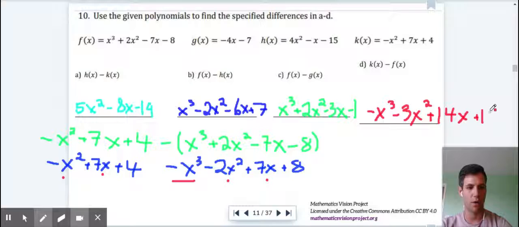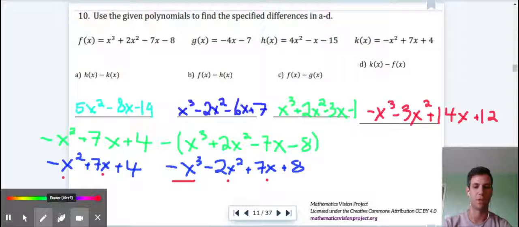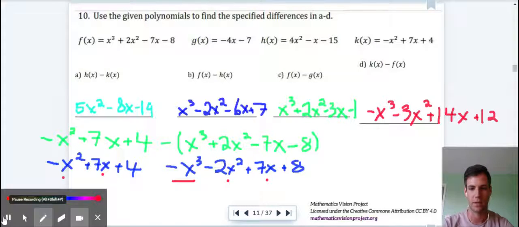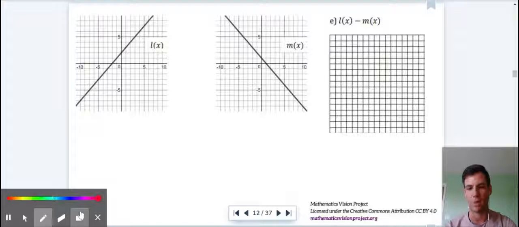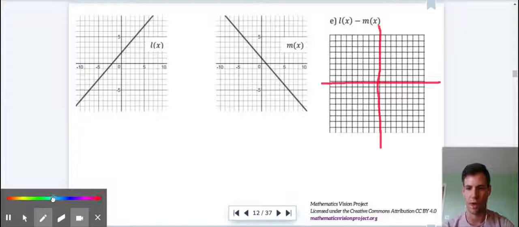So there are 4 different subtraction examples of varying levels of difficulty as great practice to walk through this process. So now we're looking at a similar graphing problem as we did earlier with addition, but now we're working with subtraction. So we can draw in our x and y axis first, and we are going to plot our points.